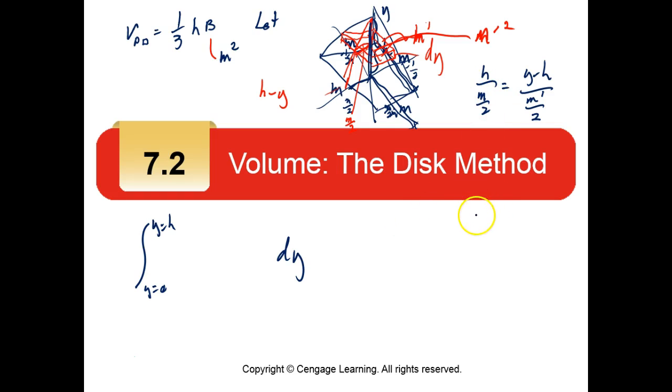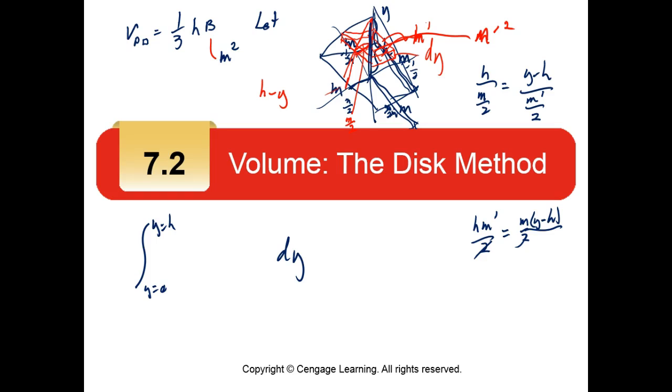What that gives you is h m prime over 2 is equal to, product of means equals product of extremes, m over 2 times y minus h. Well, guess what? We can get rid of the 2's right there. Done. Excellent. I'm all in favor.